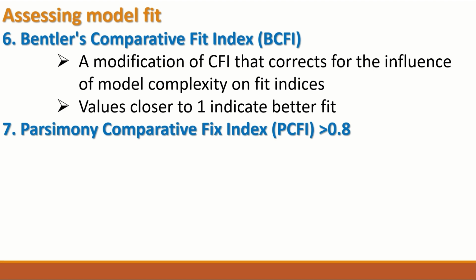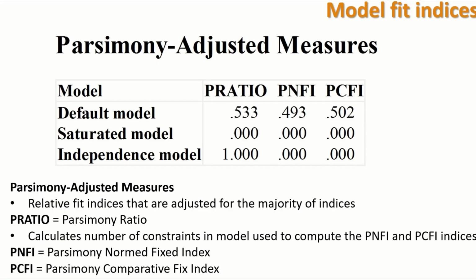There is another index, which is the Parsimony Comparative Fit Index, PCFI. As shown here in the extract, the table contains the ratio value, the PNFI and the PCFI. It is a parsimony adjusted measure, a relative fit index adjusted for the majority of indices.